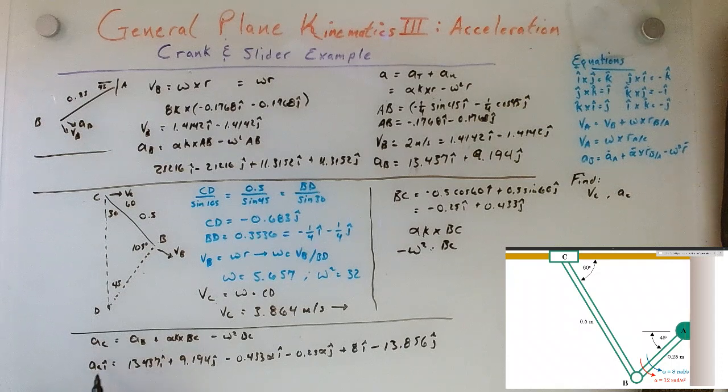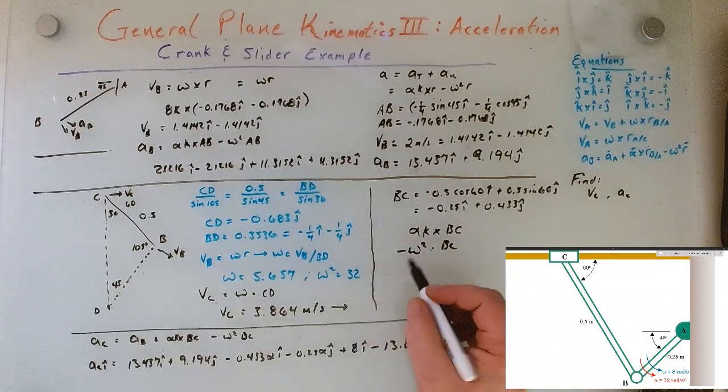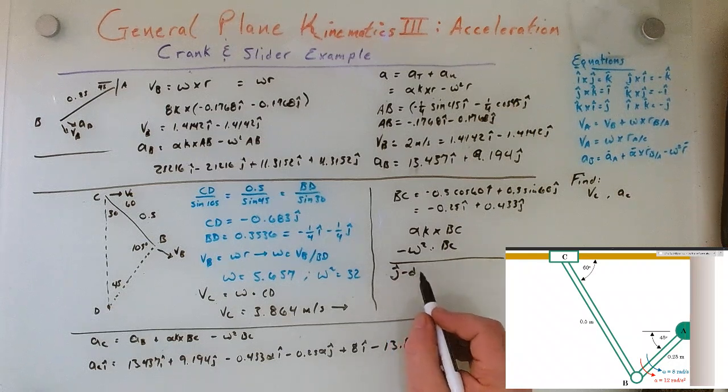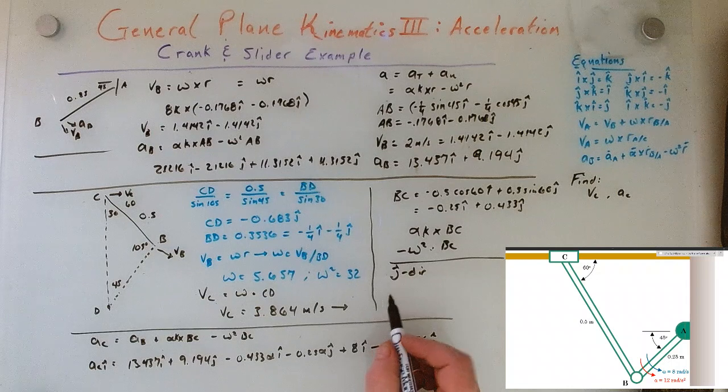Okay, so keeping in mind that this acceleration can only happen in the I direction, that means that we can solve the J direction for this alpha, because the J component is not going to add to the output answer, right? So let's solve the J direction up here. Okay, J direction, and so we got 0 equals, then J, I'm just going to tally these up.